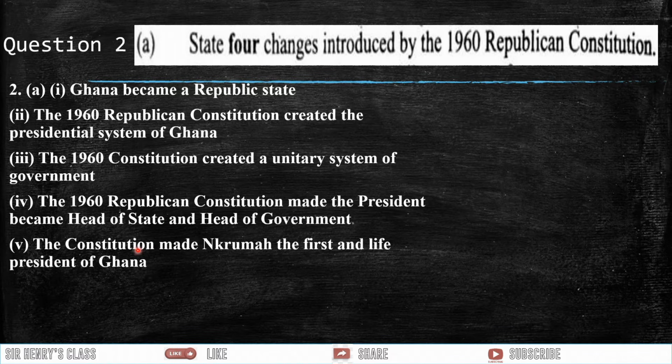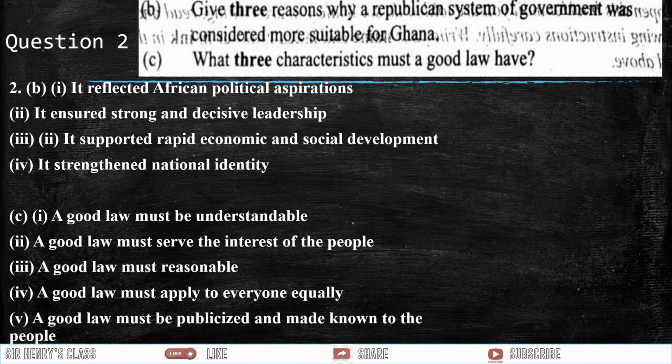And the 1960 Constitution made Nkrumah the first and the life president of Ghana. If all these points require you to explain, please write something little so you can acquire the marks allocated for those questions.